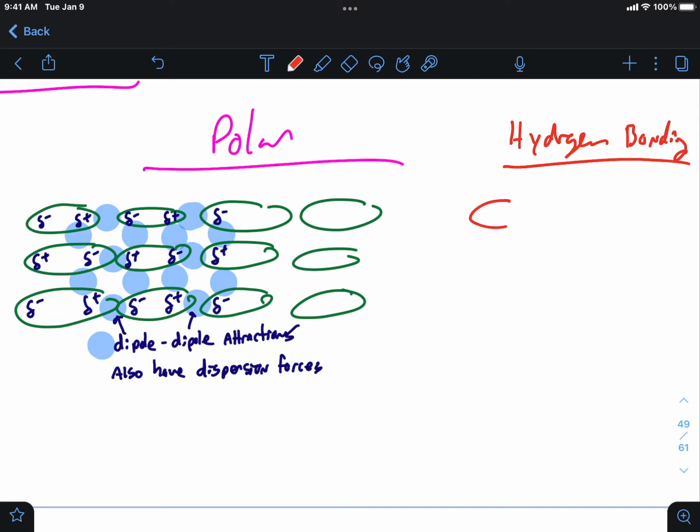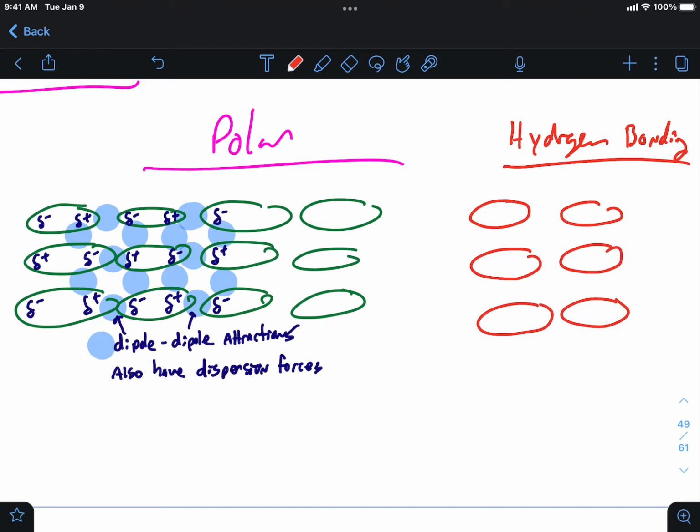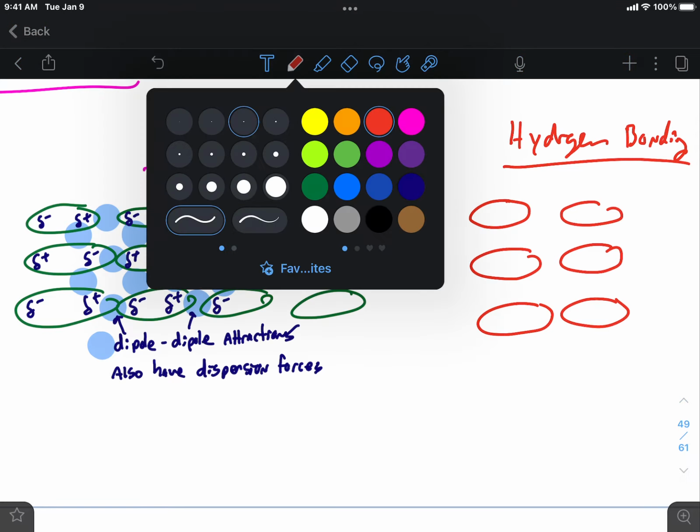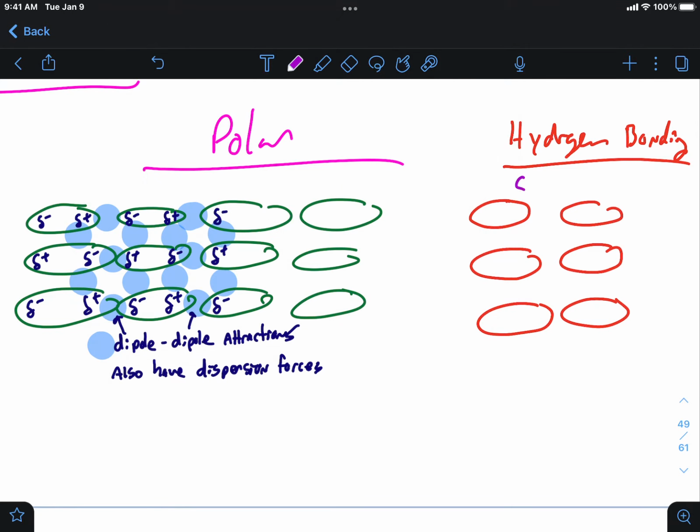The difference is that the strength of the dipole-dipole attraction is much greater. So remember that we do our delta charges.